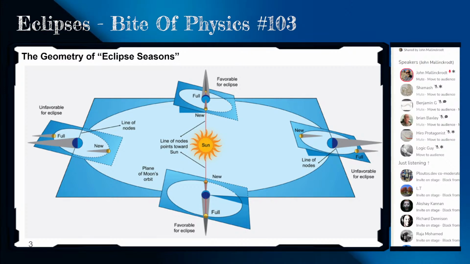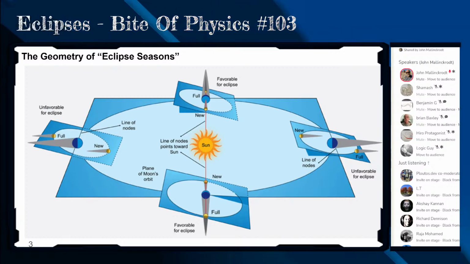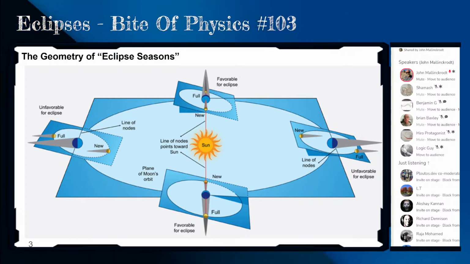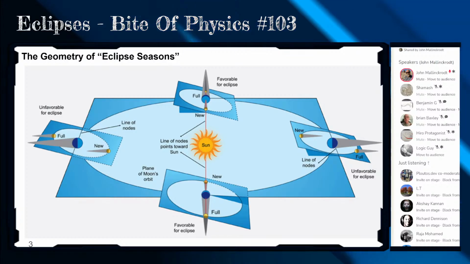So 5 years from now, it will have wobbled through to make the eclipses on the sides here. The orientation of the moon's orbit will be such as to make the eclipse season be the side-to-side positions rather than the up and down positions in this diagram on slide 3.